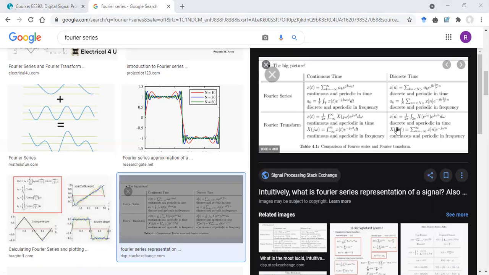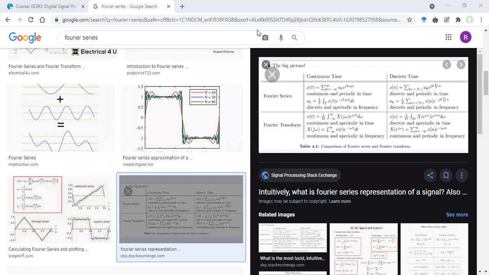So our time domain function can be evaluated by x of n equal to 1 upon 2 pi, integrated from negative pi till pi, or from 0 till 2 pi, of X(e to the power of j omega) multiplied by e to the power of j omega n. Basically it can be given by this particular formula.